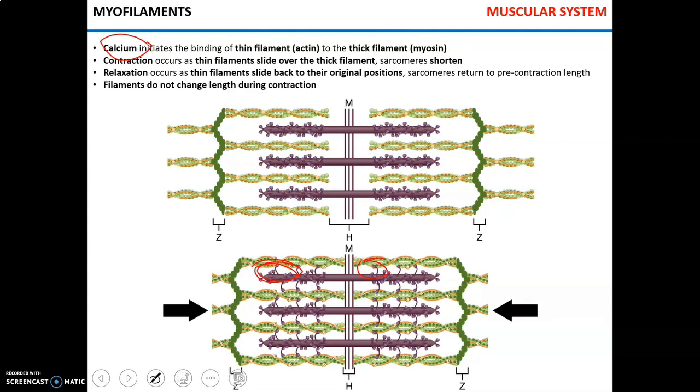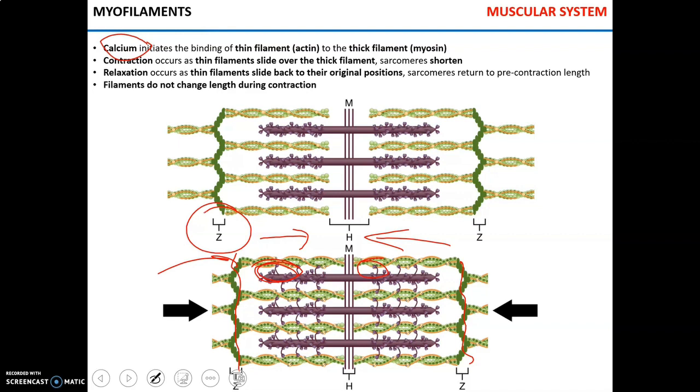And these heads start to pull thin filament towards the center line. That brings the boundaries of sarcomeres, so-called Z-discs, closer to the center line, also known as M-line. The whole sarcomere shortens and muscle contracts.